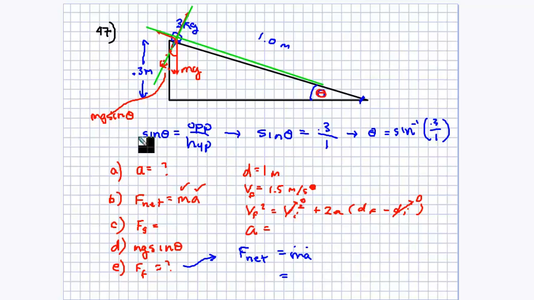Yes, that we got from part A. Let's describe the net force in the x direction. We've got this force pointing in the positive direction, mg sine theta, our answer for D. And working in the negative direction, we have our friction force. So let's take a look at this equation. We know m, we know a, we know g, we know sine theta, we want the friction force.